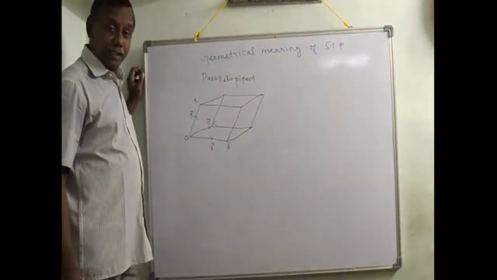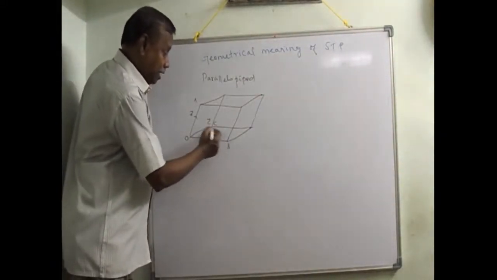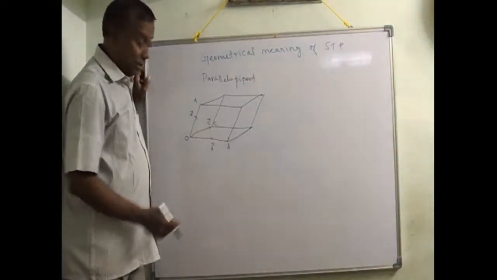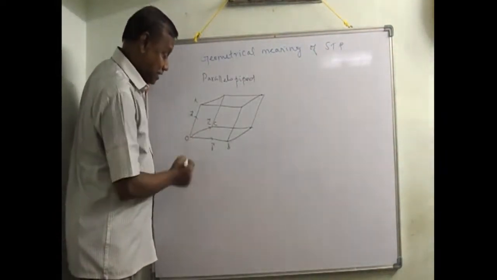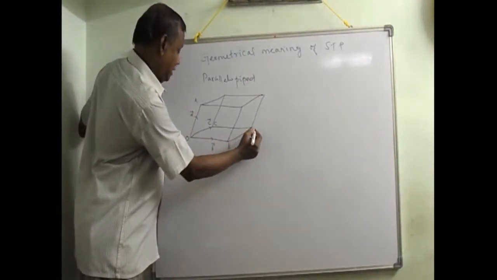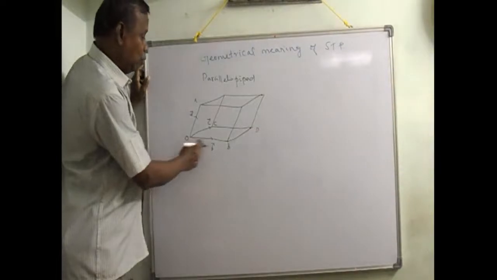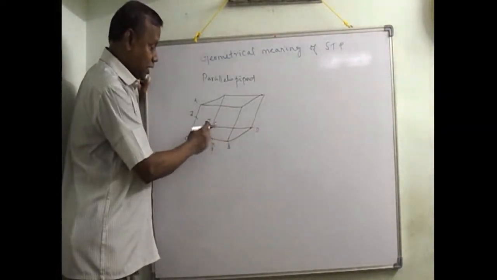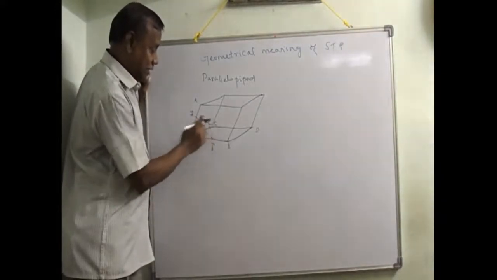As I have already told you, a parallelogram is represented by two vectors as its adjacent sides. Let us write the fourth vertex as D. OBDC is a parallelogram in which the two adjacent sides are represented by b vector and c vector.